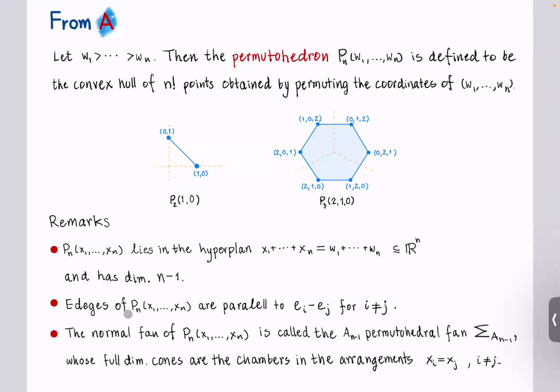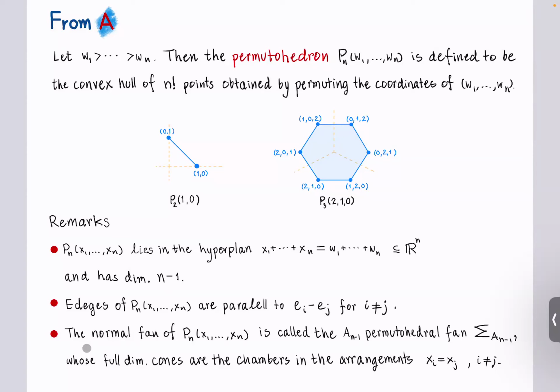And the edges of this permutohedron are parallel to e_i minus e_j for i not equal to j. For example, this polytope here, this is the only edge, and it's parallel to e1 minus e2. e_i, by the way, is the standard basis vector in R^n, where you have 0, 0, and 1 only at the i-th component.